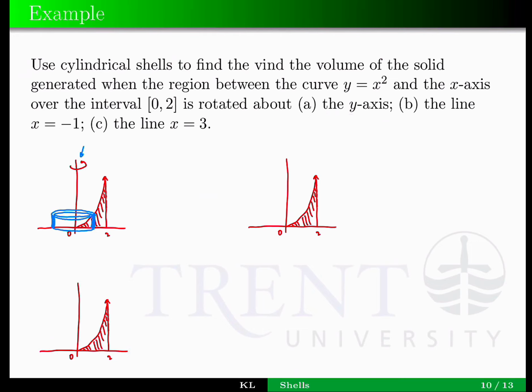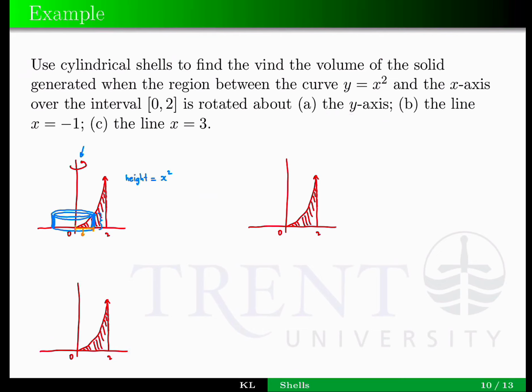The height is just from the function going to the lowest point here, which is your x-axis. So height equals x squared. The average radius is when you pick an x here, what is its distance from the axis of revolution?